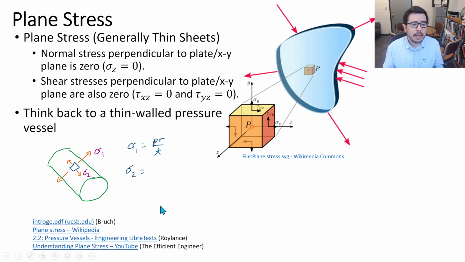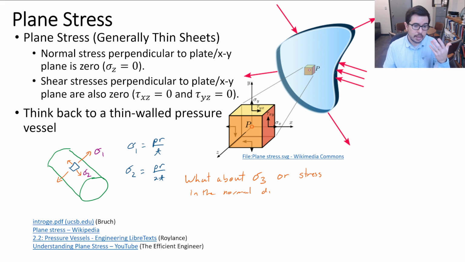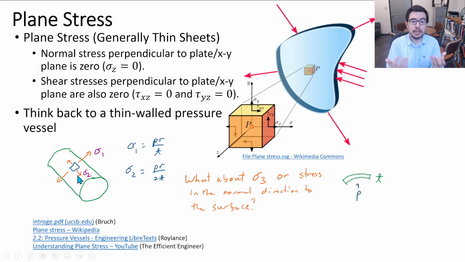So as a review, we discussed the hoop stress, sigma 1, and sigma 2, which we often call the longitudinal stress. And we also said that a sigma 3 component in the radial direction of this cylinder, this pressure vessel, is going to be negligible or small.